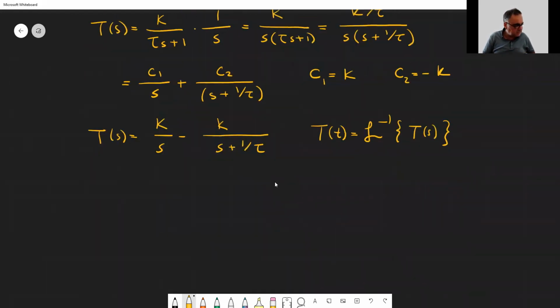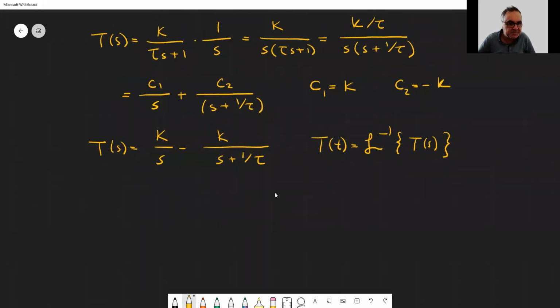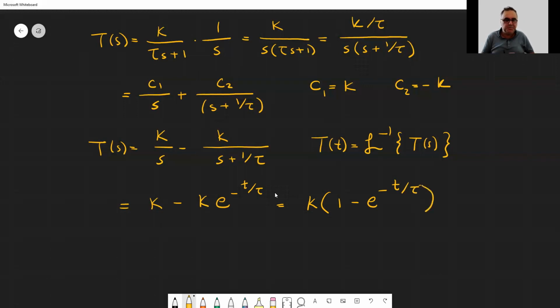K over S is K, minus K times e to the minus 1 over tau times t. So you can write it as K parentheses 1 minus e to the minus t over tau. This is a typical step response of a first order system.